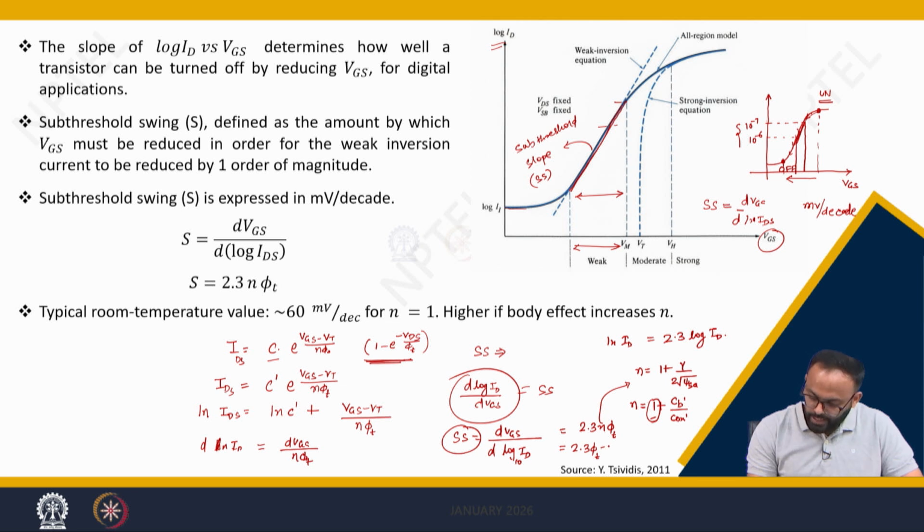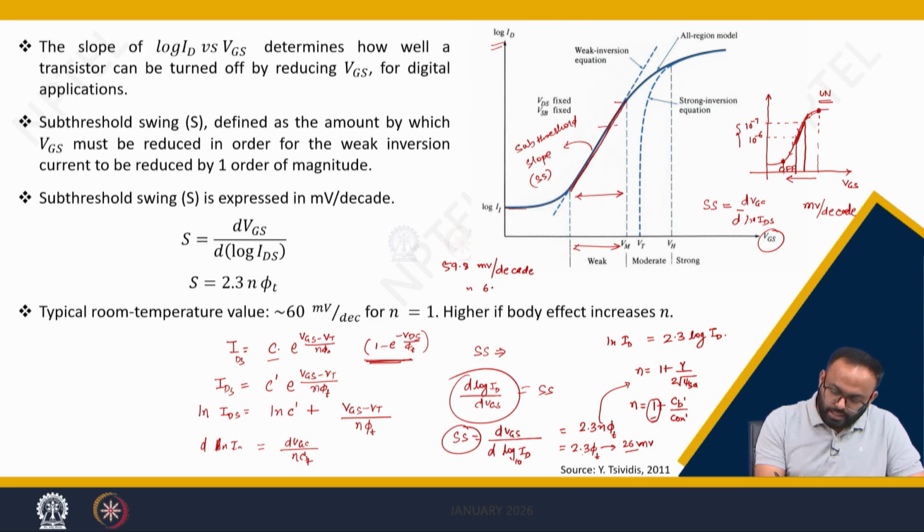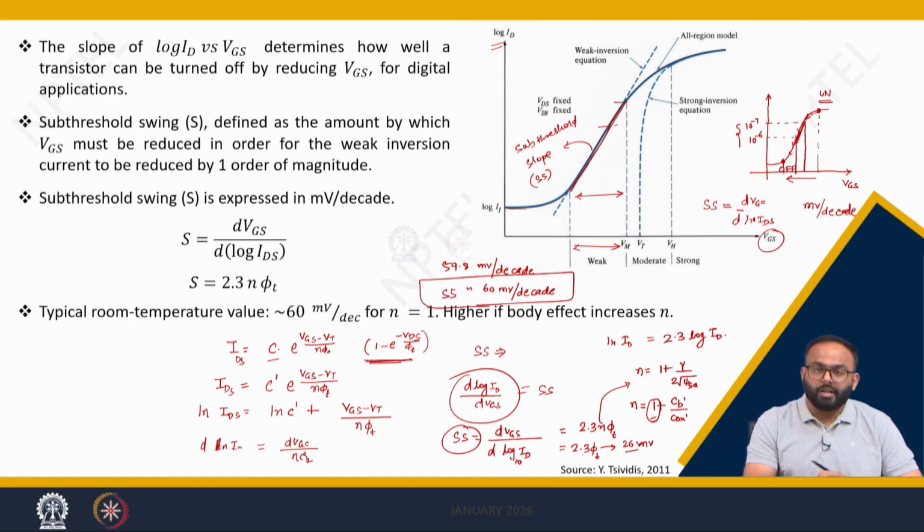And phi t is 26 millivolt. So if you multiply 26 with 2.3, you will get around 59.8 millivolt per decade. In general, we can say the Boltzmann limit, or the minimum limit of the sub-threshold slope for a conventional MOSFET, is 60 millivolt per decade.